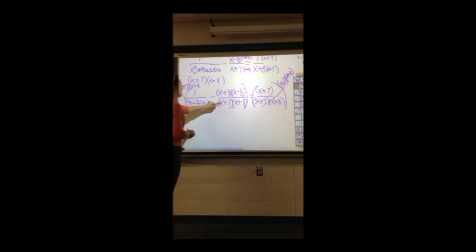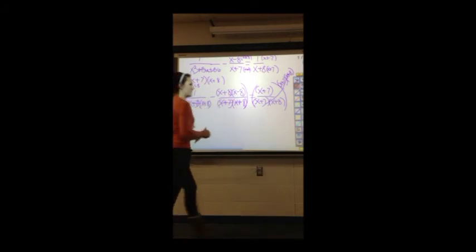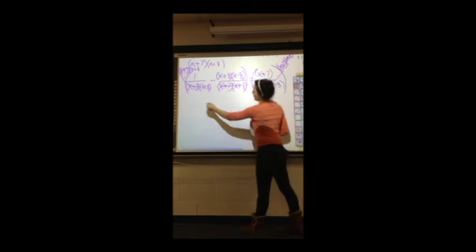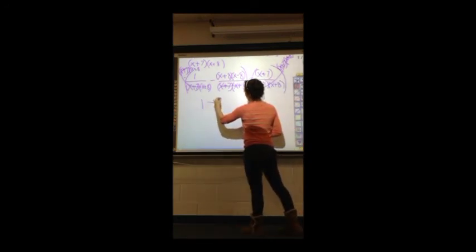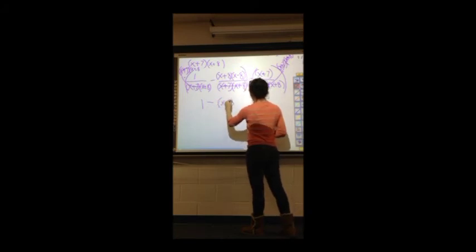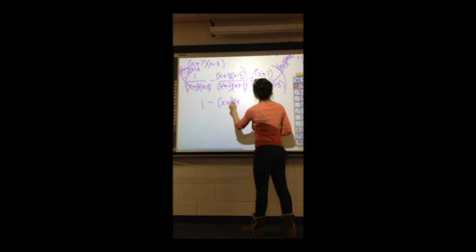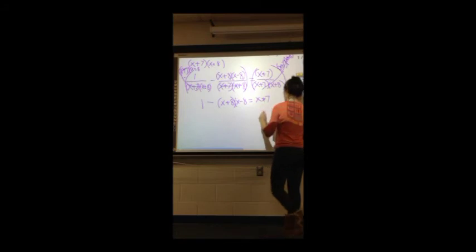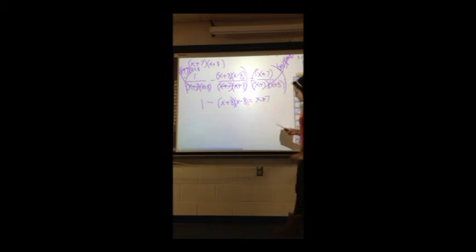So now we've gotten rid of our denominators. All we're left with is our numerators. So we're going to have 1 minus x plus 8 times x minus 8 equaling x plus 7. So that's what we're going to be left with now. And now that we've gotten to this point, all we're going to do is figure out what this is.